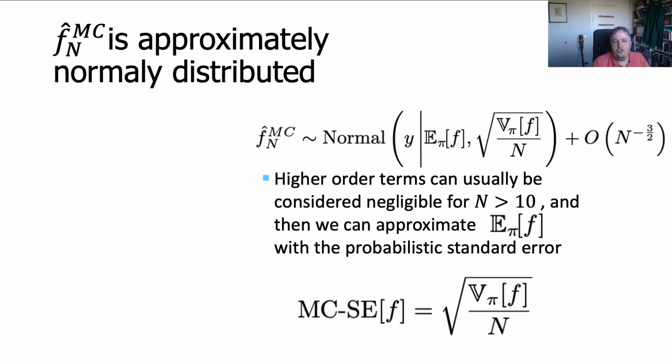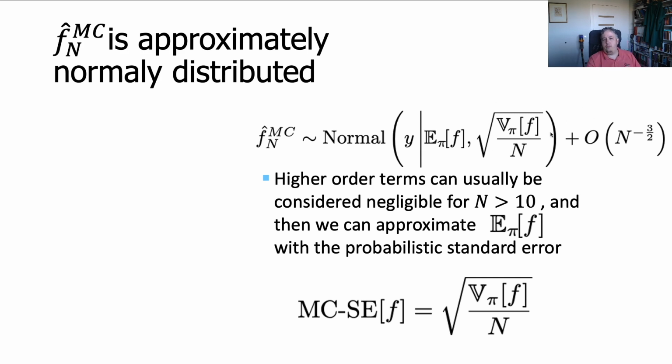And generally we can conclude that our Monte Carlo estimator is approximately normally distributed. So we have a function of parameters for which we want to compute the expectation, and the average of samples from the distribution of interest, for which we computed the function values, is normally distributed with the mean of the expected value of our function and the standard deviation being the square root of the variance of f divided by n.